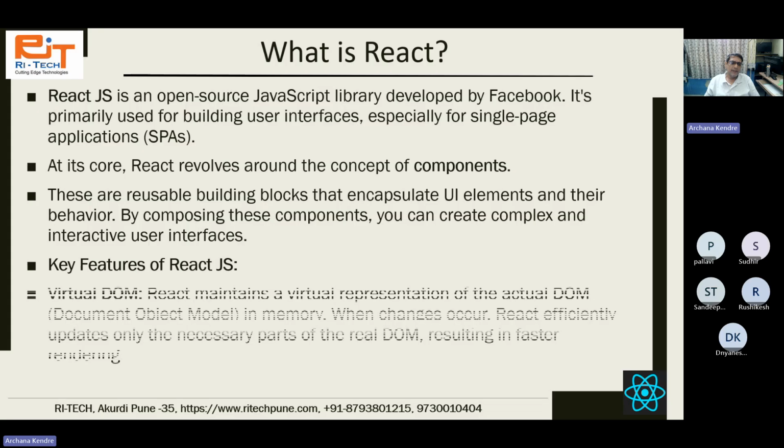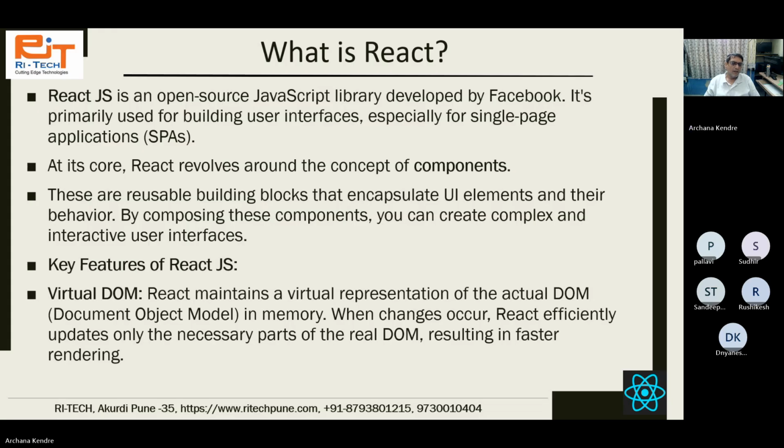Now the key features of React JS. So why is React popular? There are some features due to which React is popular. The first feature is virtual DOM. In the previous session, we learned about DOM. DOM is a manipulated version of HTML using client-side script, which represents the current UI in a web browser.